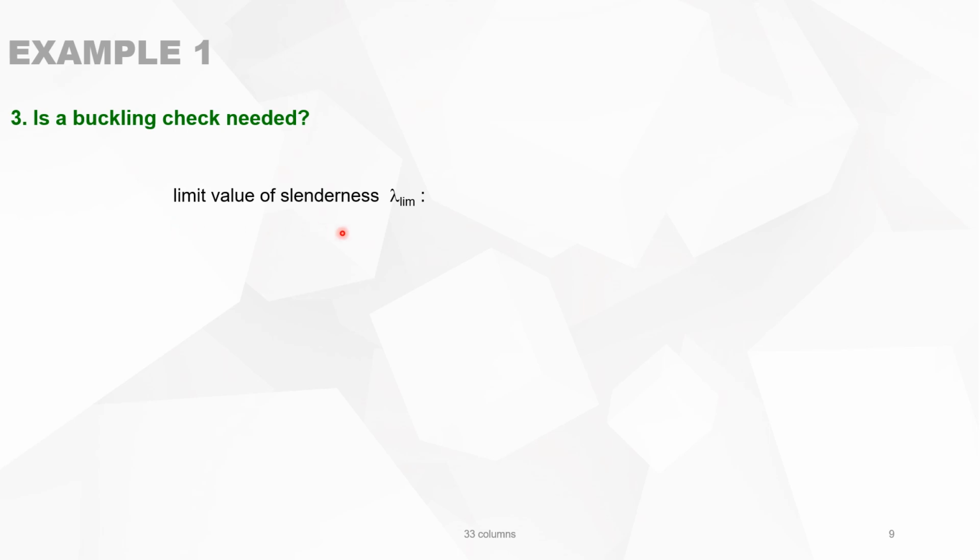Well, first we calculate the limit value of the slenderness, lambda limit. To do so, we need the load ratio, which is the normal force divided by the cross section and the maximum compressive stress, and n is equal to 65%.